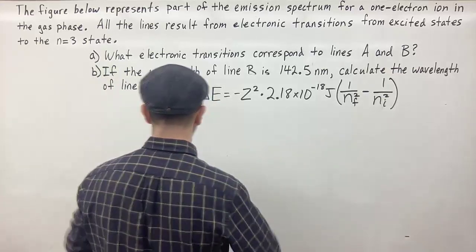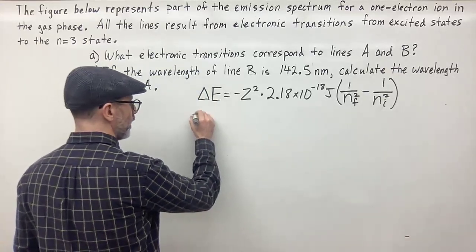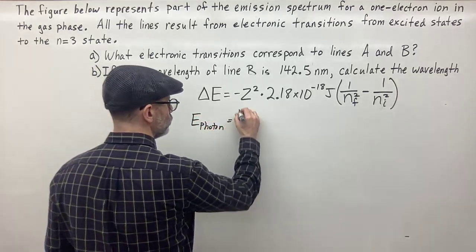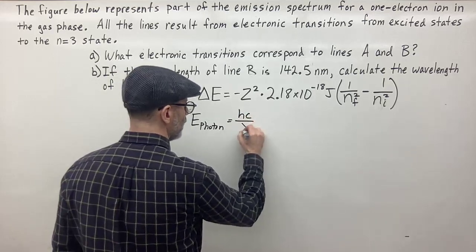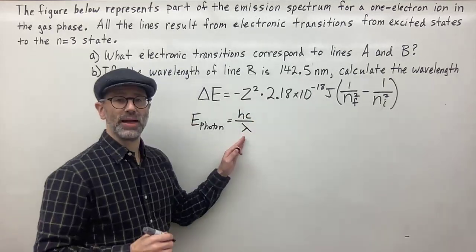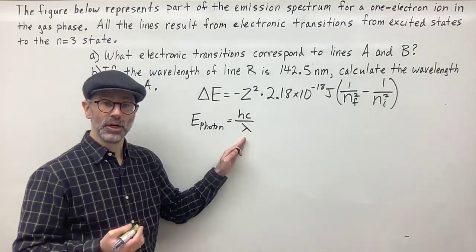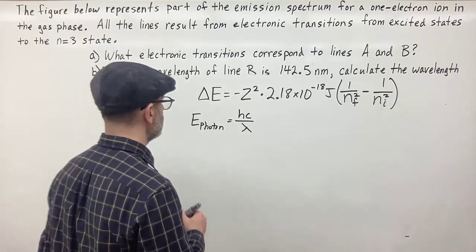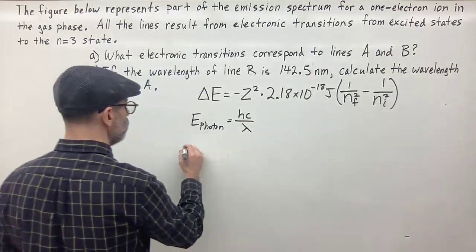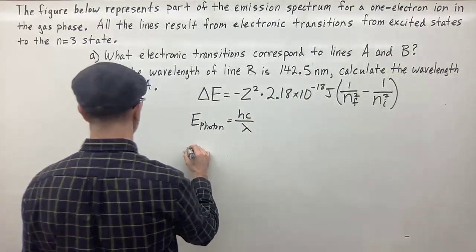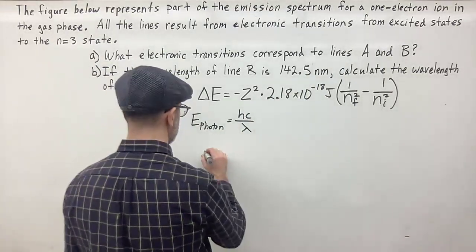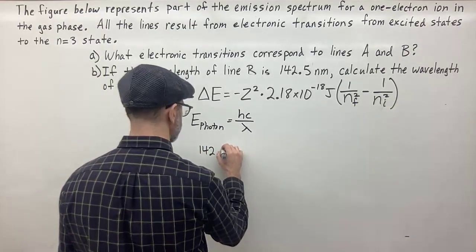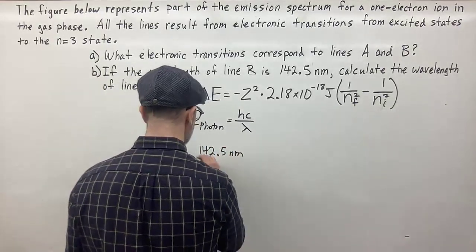So let's go ahead and do that. So remember, the energy of the photon is going to be equal to hc over lambda. In this case, we want lambda to be in meters because the speed of light is in meters. And so we're going to have to take the 142.5 nanometers.